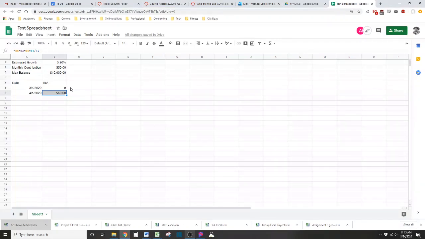So I'm explaining to her she needs to lock down certain cells, and she's realizing that the cells that need to be locked down are probably the ones at the top. So this would be the contribution and the interest rate.